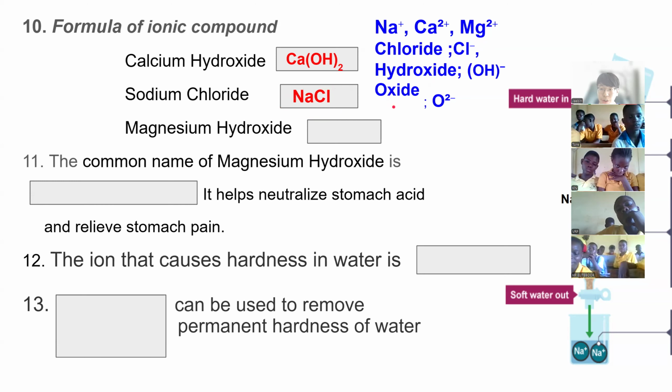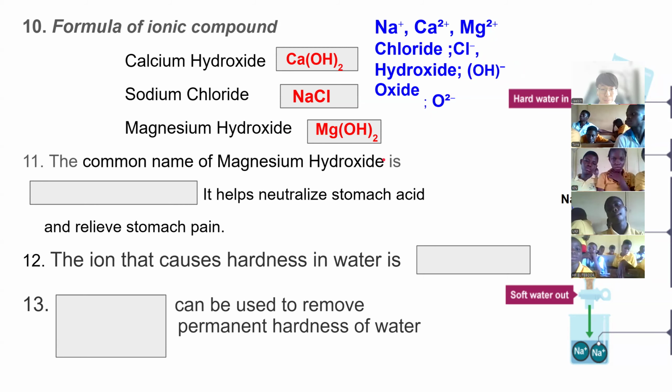It's also the table salt that we use for cooking. And magnesium hydroxide, we can see the magnesium ion is Mg2+. The hydroxide ion is OH-. We need 2 hydroxide ions, so this becomes Mg(OH)2. That is how you form the ionic compounds.